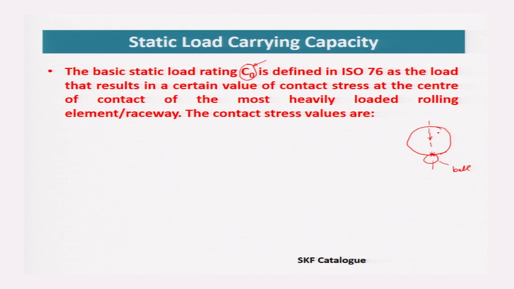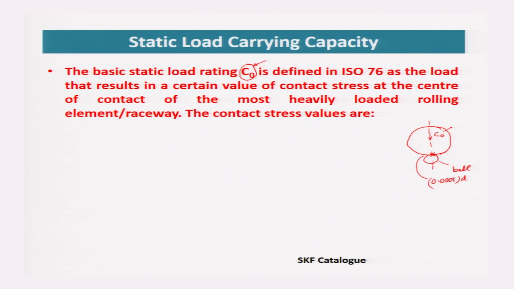The load which you are applying is C0, and this C0 load is producing permanent deformation equal to 0.0001 times diameter of the ball or the roller. Well, this C0 is the load carrying capacity.